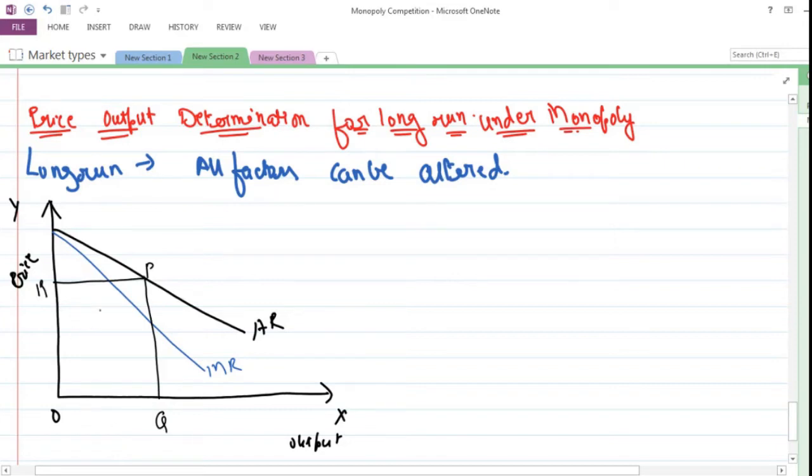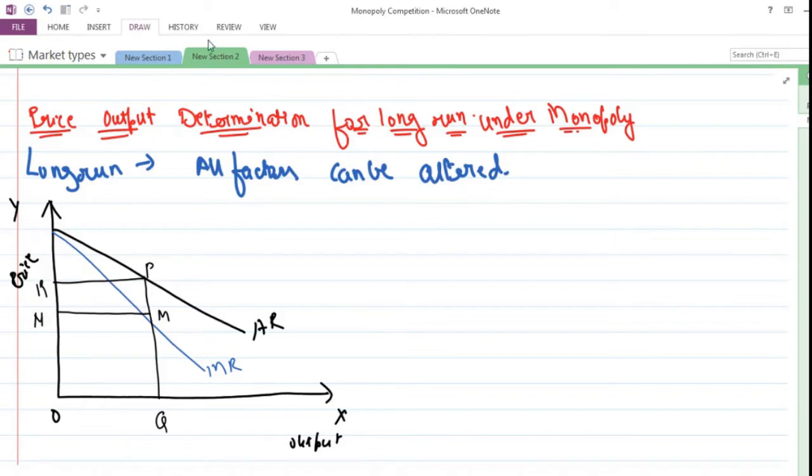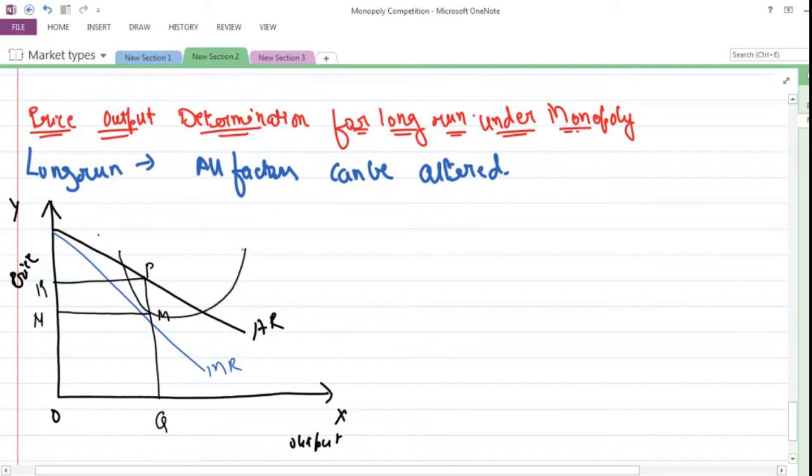The cost of the firm is at this level, that is point M, and MN is the cost that the firm incurs. The long run average cost curve lies at this stage, and the long run marginal cost is at this stage.